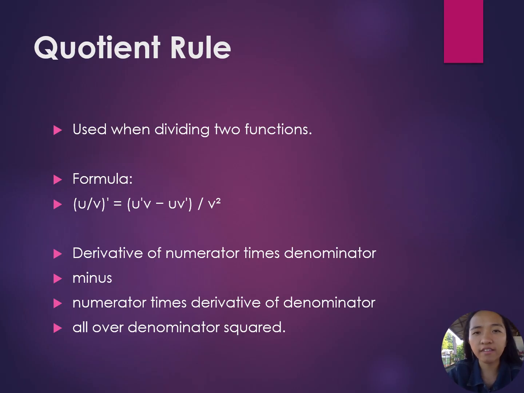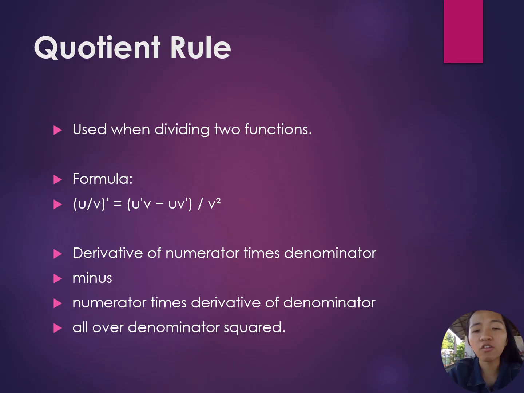So next is the quotient rule. The quotient rule is used when we are differentiating a function divided by another function. The formula used here is the derivative of u over v equals u prime v minus u v prime, all over v squared, or as v du minus u dv over v squared.